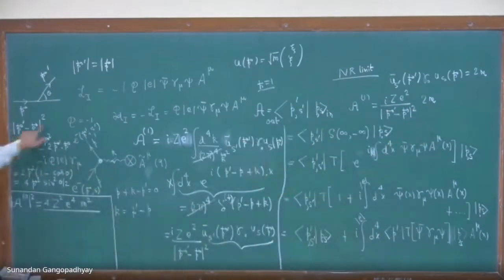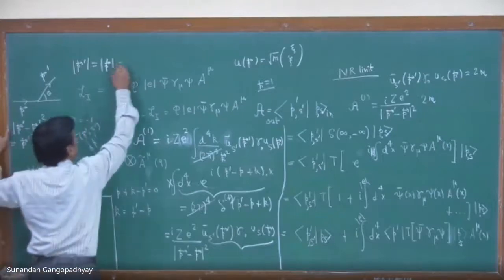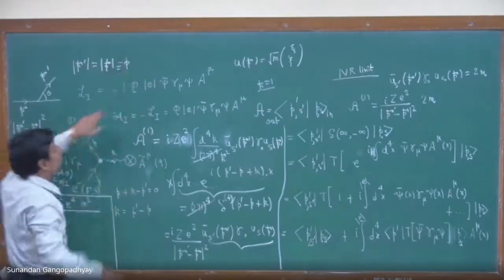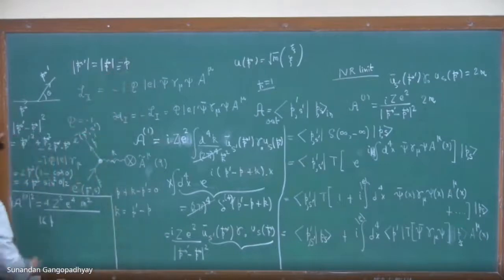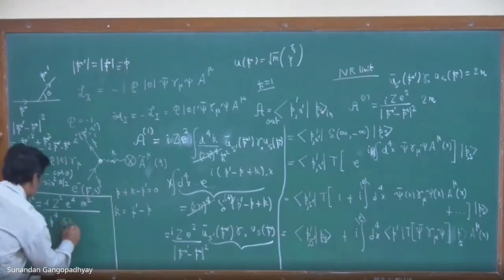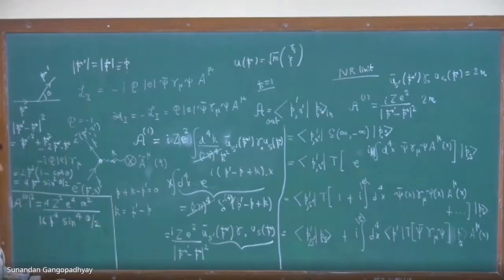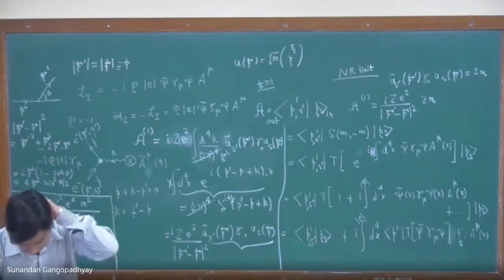But square is 4p square sine square, so to the power of 4 means 16 p to the power 4. From now on, I am just calling this as p. So this is not 4 momentum. This is the magnitude of this p vector. So this becomes p to the power of 4 sine to the power of 4 theta by 2. Theta is the angle of scattering. So this is the result that you get.